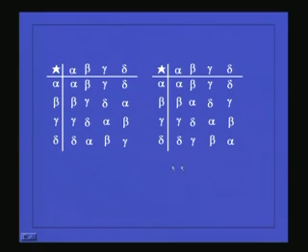Look at this group. This is a commutative group, it is an abelian group, but does it have a generator? Take beta, can it be a generator? Beta squared is alpha, beta cubed is alpha into beta, beta power 4 is again alpha and so on. So, with beta you will be able to get only beta and alpha, you will not be able to get gamma and delta.